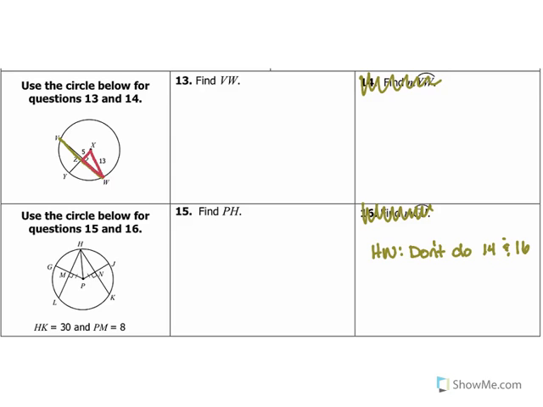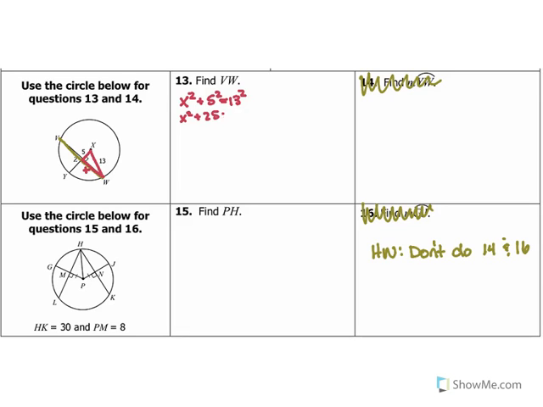So we're going to use this right triangle and the Pythagorean theorem to go ahead and find the length of ZW, and we're just going to multiply that by 2 to find VW. So we are going to just label this x, and we're going to say that x squared plus 5 squared equals 13 squared. That's just the Pythagorean theorem.